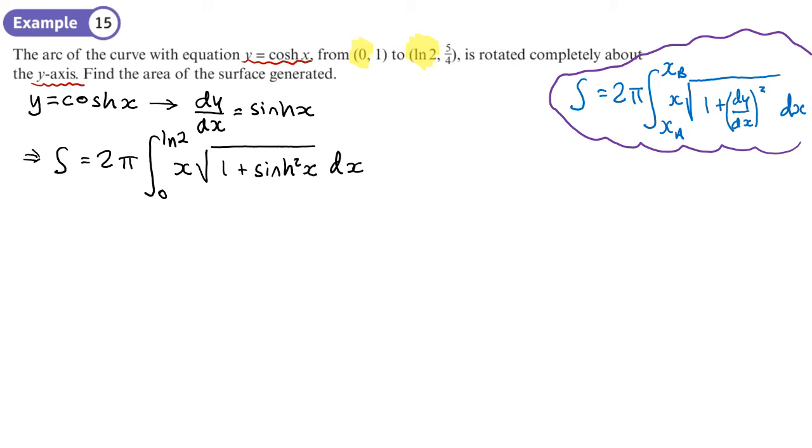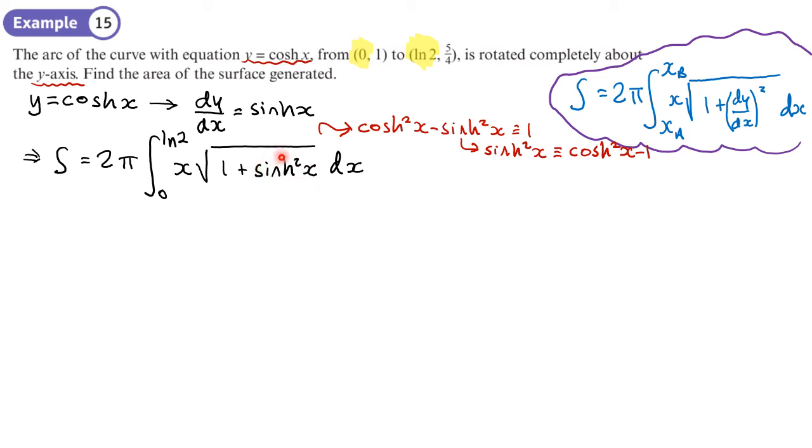Now we'll use our hyperbolic identity here, and that's cosh squared minus sinh squared is 1. So if we rearrange this, then we'll have that sinh squared x is equal to cosh squared x minus 1. So that's going to get slotted in here.